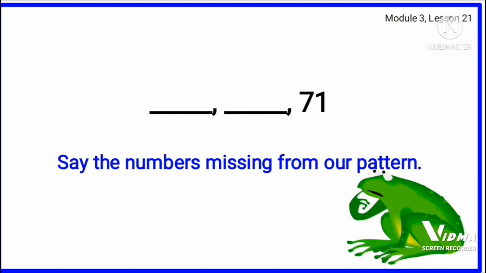We keep counting backwards in hundreds. So we have 271, 171, 71. That is what you see in that pattern.